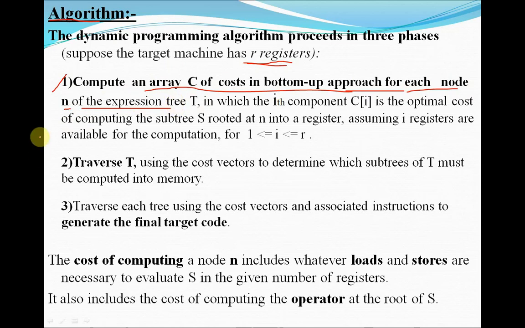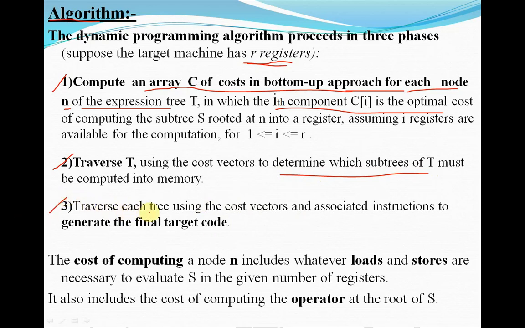For each and every node of the expression tree, syntax tree or DAG, we are going to compute a cost vector. The cost vector is a collection of values, and one of them, the ith component, will be the optimal cost. Second step, traverse the tree using the cost vectors to determine which subtrees of T must be computed into memory.